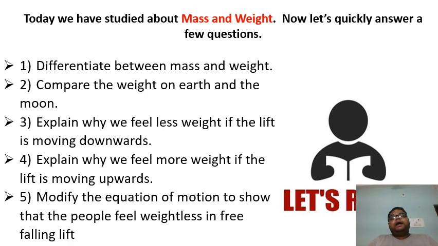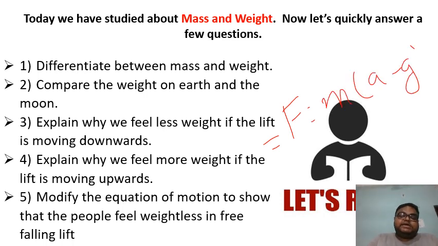So why do we feel less weight in a lift that is moving downward? We feel less weight because the apparent weight is getting reduced. We know this equation F equals m times (a minus g), right?